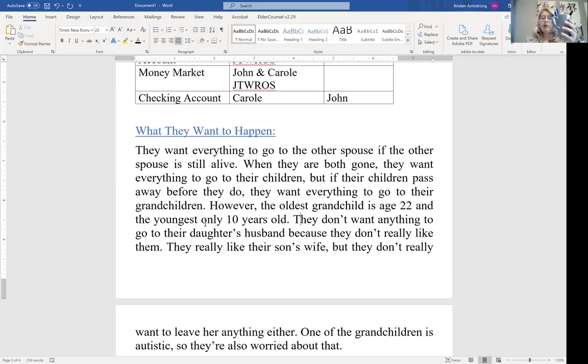Retirement accounts, remember, those are IRAs, individual retirement accounts. They cannot go in the trust, but they can go to the trust upon John and Carol's death. So we want to make sure we have updated all beneficiary designations so that everything is in the trust. So not only do we have a trust, but we have what we call a funded trust. Everything that John and Carol own is in this trust.